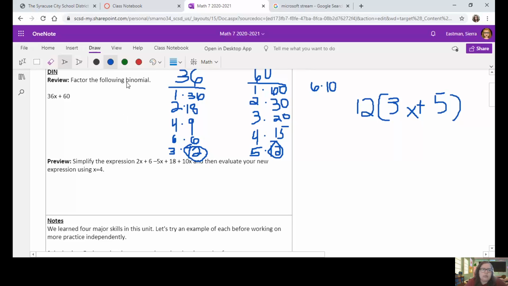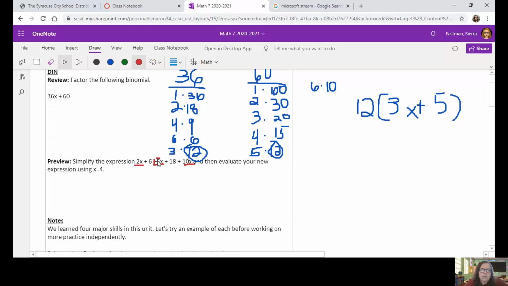So we're going to do both parts. We're going to try to simplify first. And remember, we only want to combine like terms. So I see that the 2x, the negative 5x, because we can say that's a plus negative 5, and the 10x all have that variable x. So that's what I'm going to combine first.